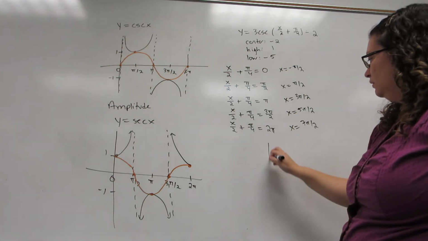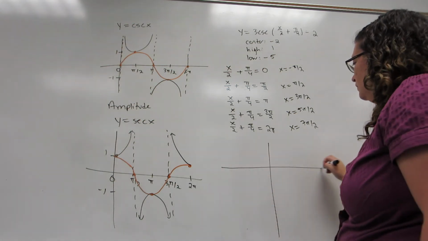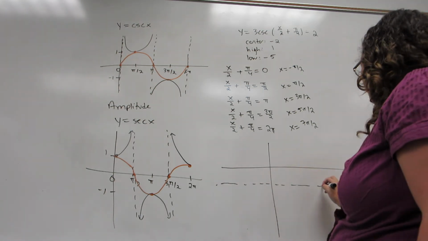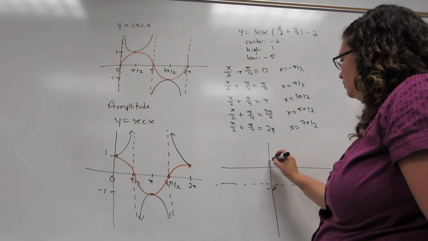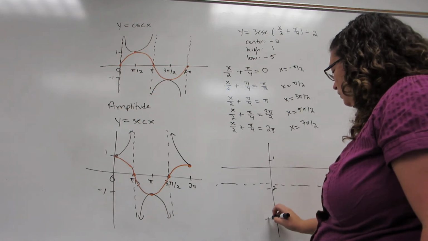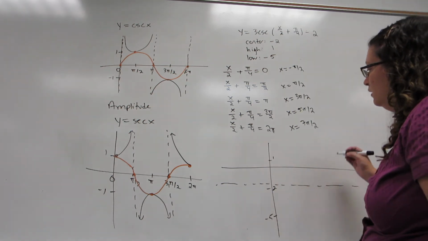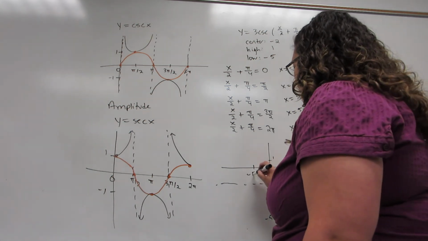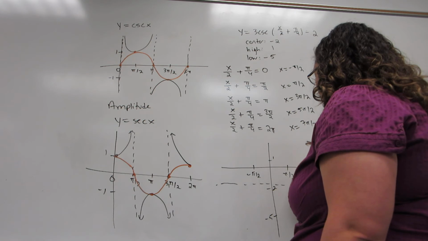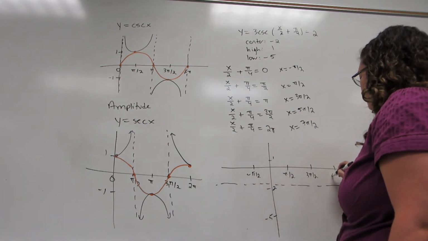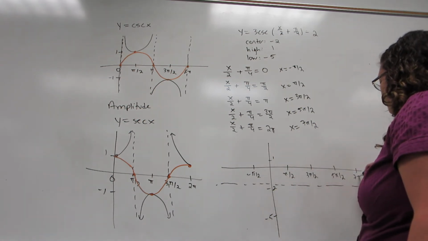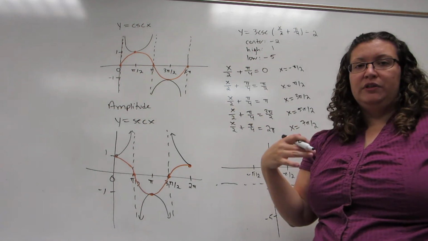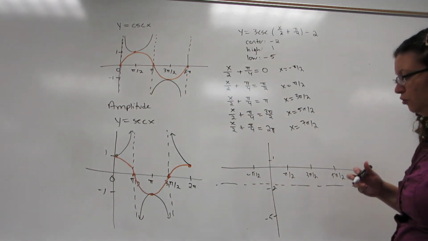Okay. And now I'm going to start graphing it. So I have a center at -2, a high at 1, a low at -5. I have my x coordinates. Now, it's not actually necessary to draw the full sine underneath, but I do tend to like to do the points.